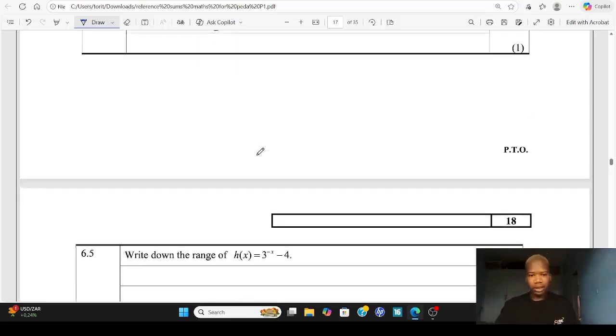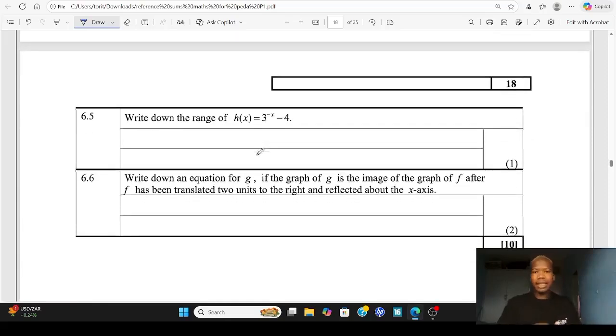So that is that. They say write down the range of the function 3 to the power minus x. So the range, you know that it is the set of possible y values. So the range for us here is going to be y is greater than minus 4, right?